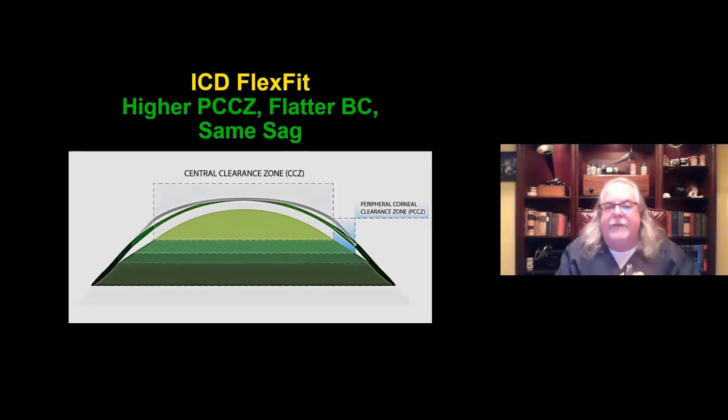So all of these are simply adjusted with that tangent angle, moving it up, moving it down.